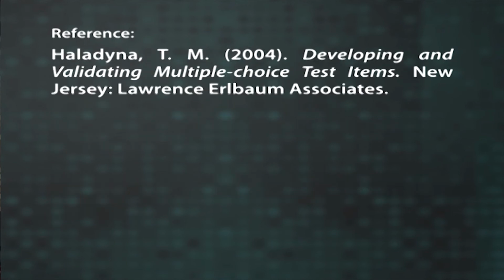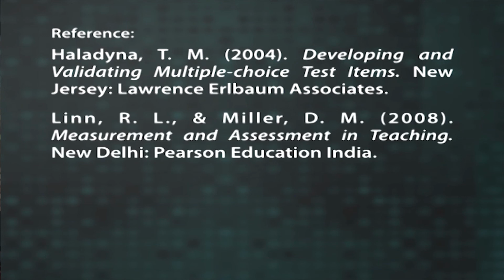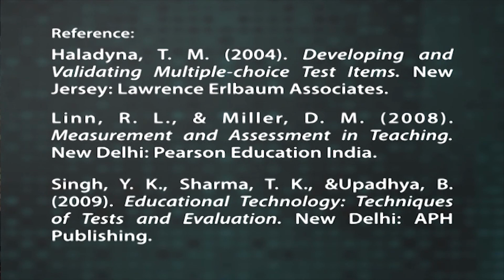Developing and Validating Multiple Choice Test Items, written by Haladyna T. M. in 2004, published by Lawrence Erlbaum Associates, New Jersey. Measurement and Assessment in Teaching, written by Linn R. L. and Miller D. M. in 2008, published by Pearson Education India, New Delhi. Educational Technology, Techniques of Test and Evaluation, written by Singh Y. K., Sharma T. K. and Upadhyaya B. in 2009 and published by APH Publishing, New Delhi.